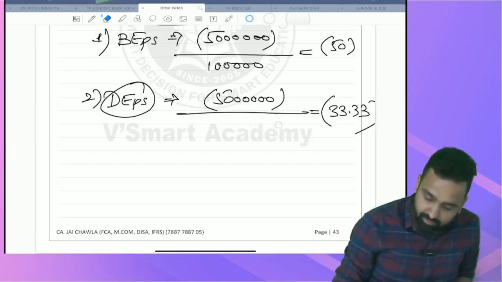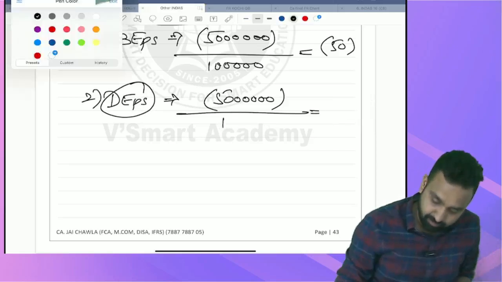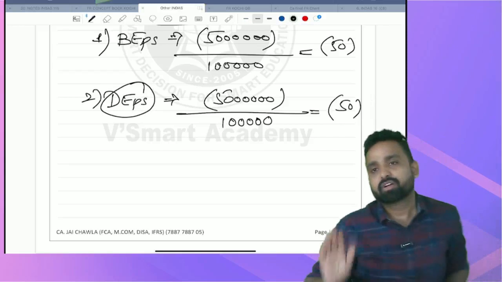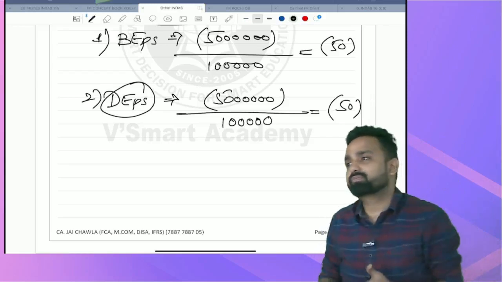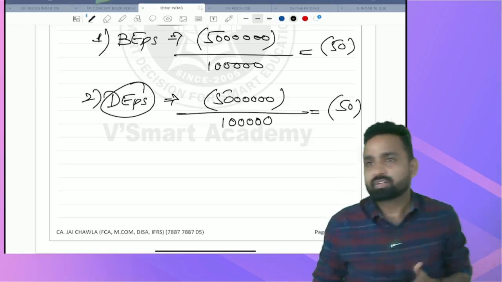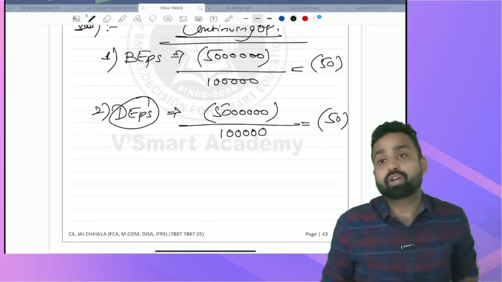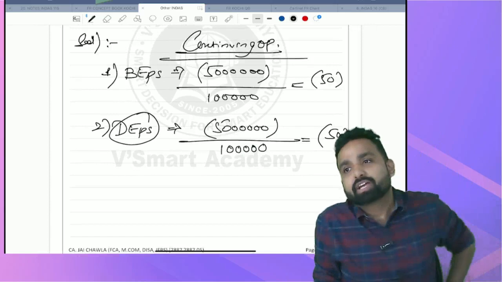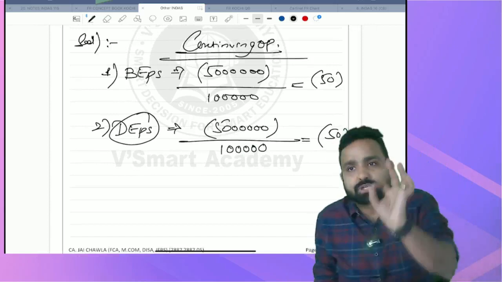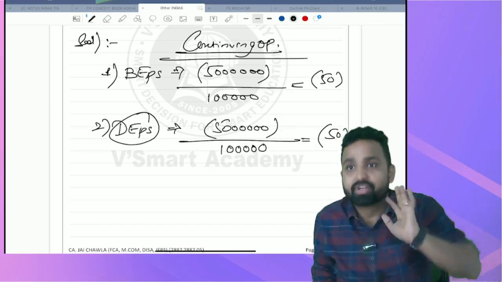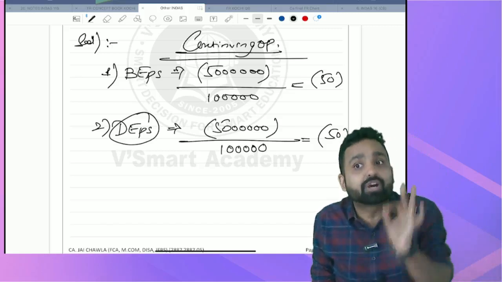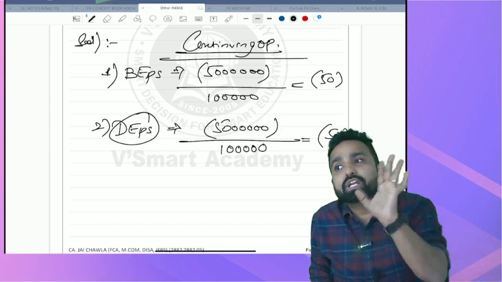So now correction: take 1 lakh only, means minus 50. Understood, guys? So you cannot take potential equity in the new denominator in case of loss from continuing operation. If you can write in your words: we should not take potential equity shares in case of loss from continuing operation.